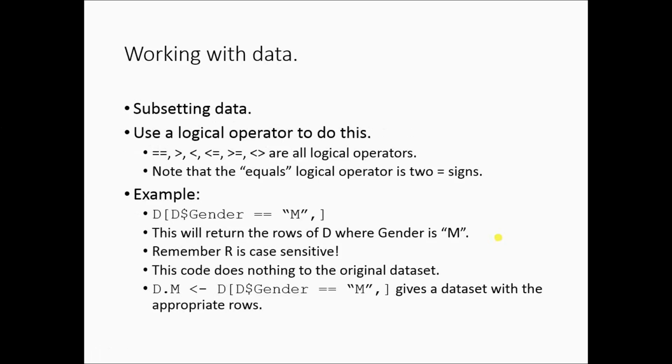And this point is very important. R is case sensitive. So this is purely case sensitive. Case sensitive in the sense, I guess you can understand what we mean by case sensitive here.